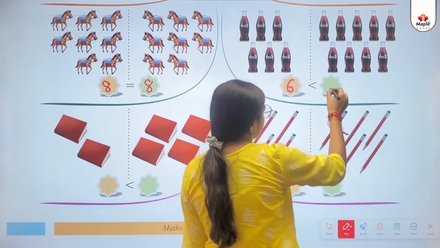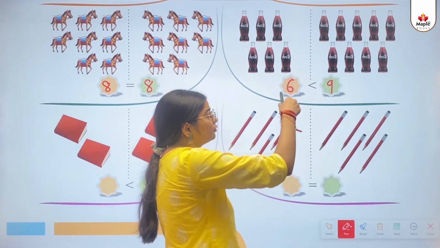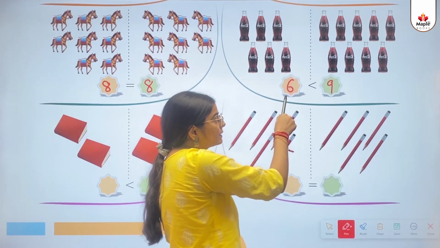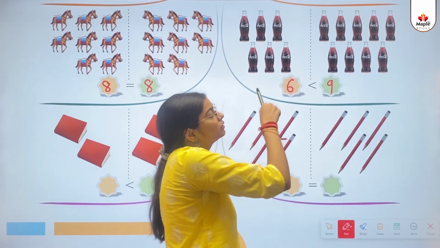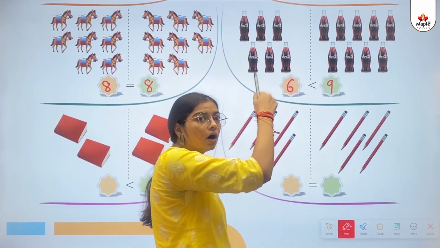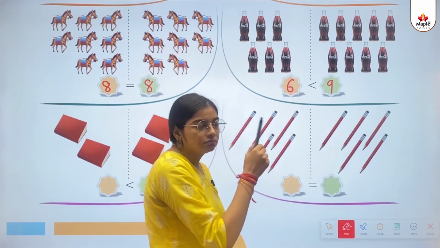There are 9 cold drink bottles. So, we can observe from this that 9 is the greater one and 6 is the lesser one. So, we can say that 9 is greater than 6, or we can say that 6 is less than 9.